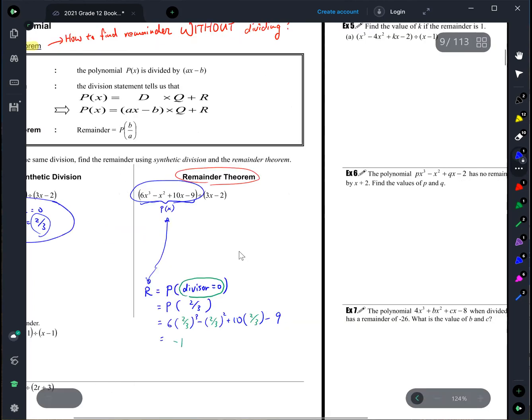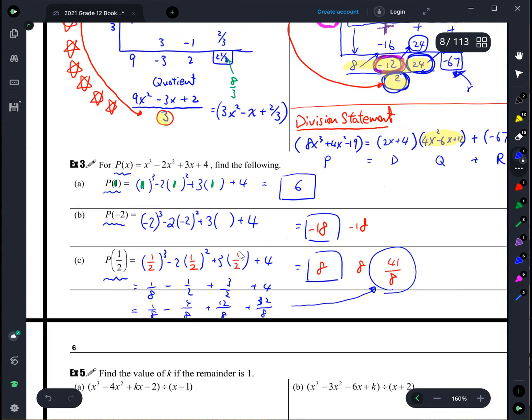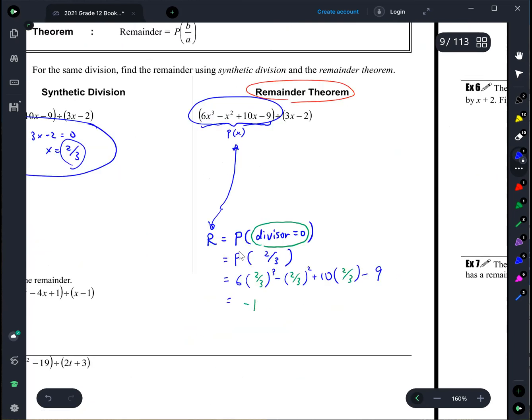Did you understand last page, the bottom 3 questions? Yep. So that's what we are doing here. Plug 2/3 into the x. You see that 6x cubed minus x squared plus 10x minus 9?